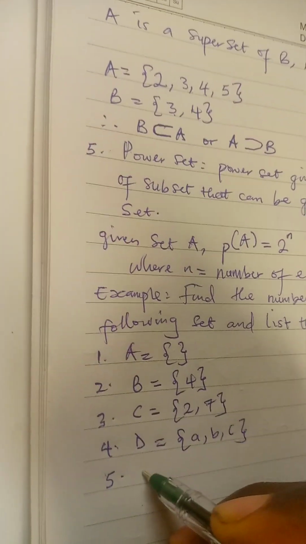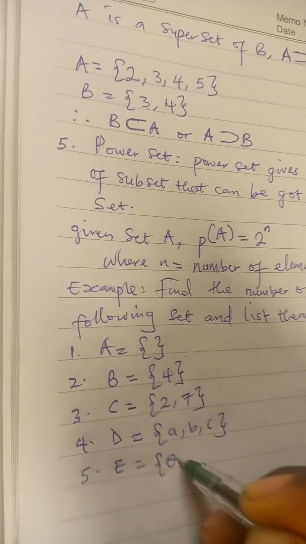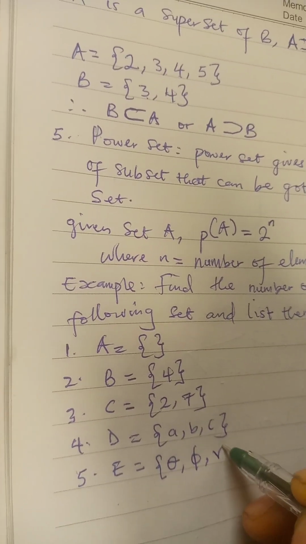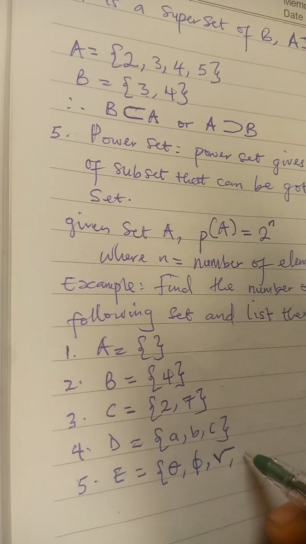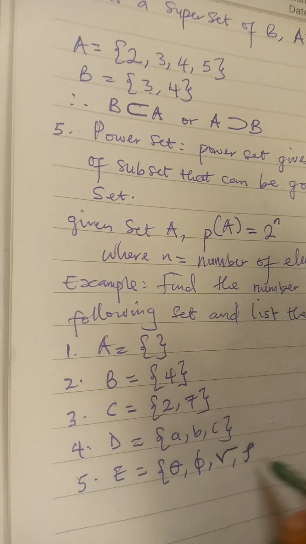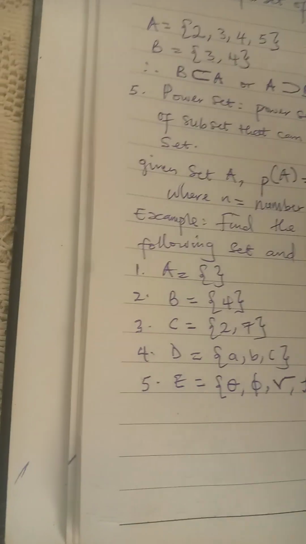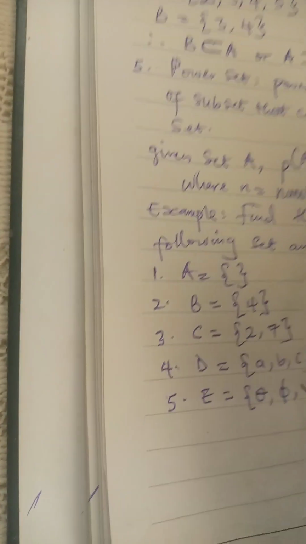And 5, E equal {theta, phi, no, and rho}. Okay, this shouldn't sound scary. It's very, very simple. Okay, so now let's solve this.